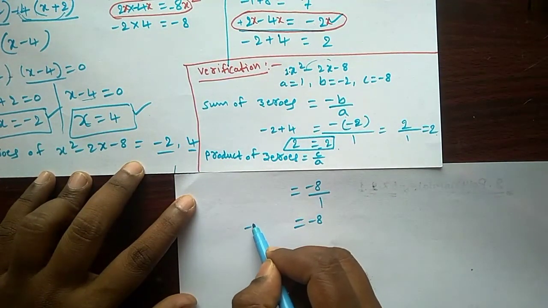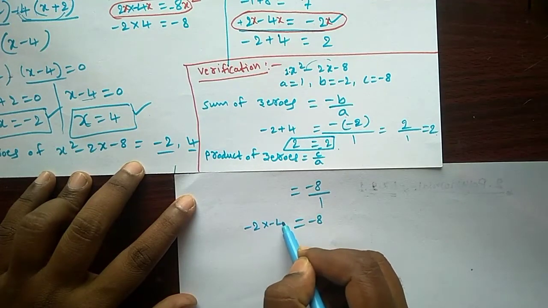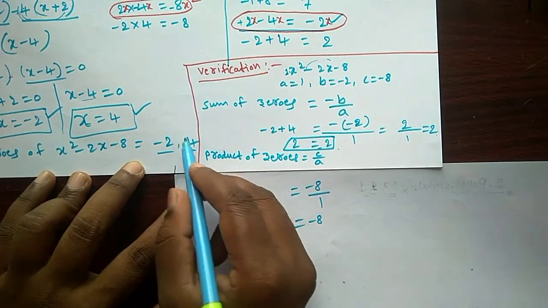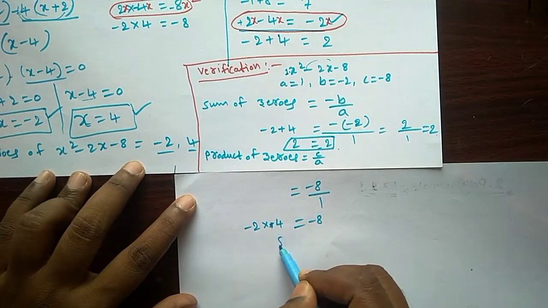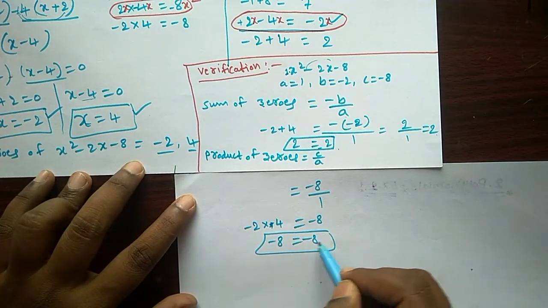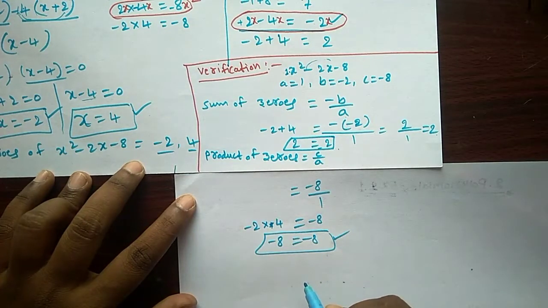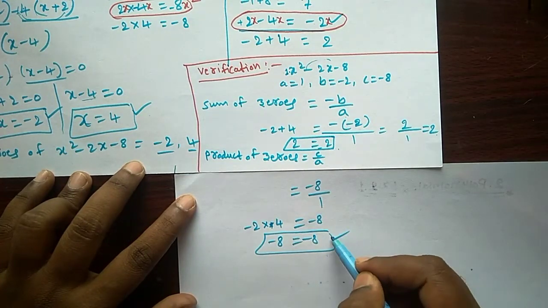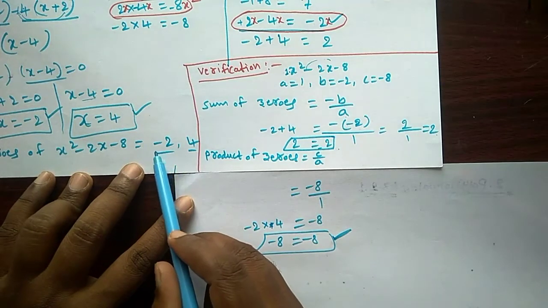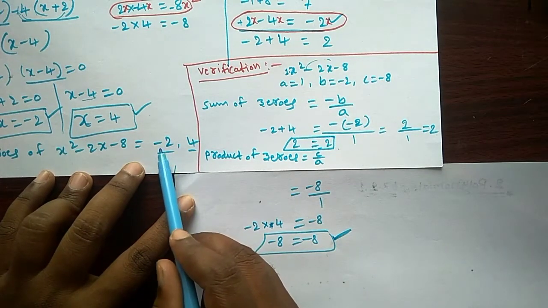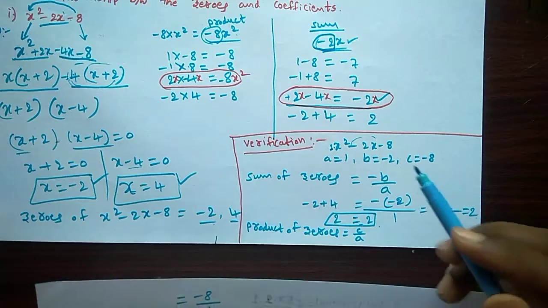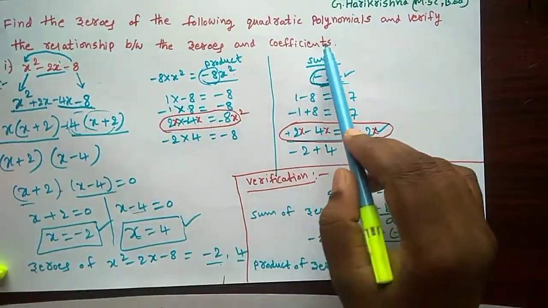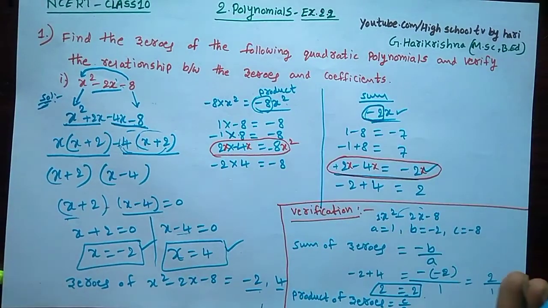The product of zeros means minus 2 into 4. Sorry, the zeros are minus 2 and plus 4. Minus 2 into 4 is 8, and with the minus symbol, minus 8. Minus 8 equals minus 8. So the product of the zeros is also verified by using the formula and by the direct method of multiplying the zeros. We got the same result, so the relationship between the zeros and coefficients is verified.